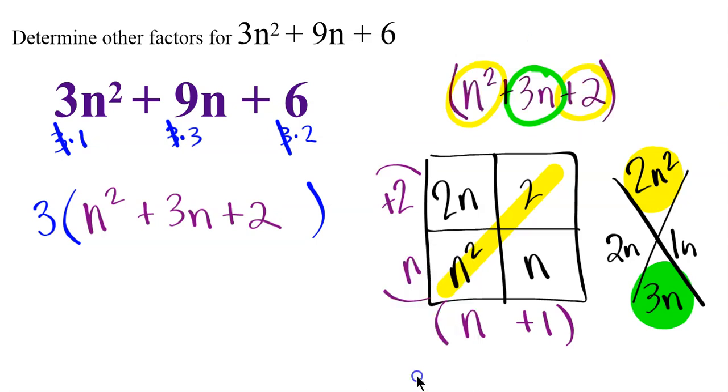So that's what we end up with. So n squared plus 3n plus 2 becomes n plus 2 times n plus 1.